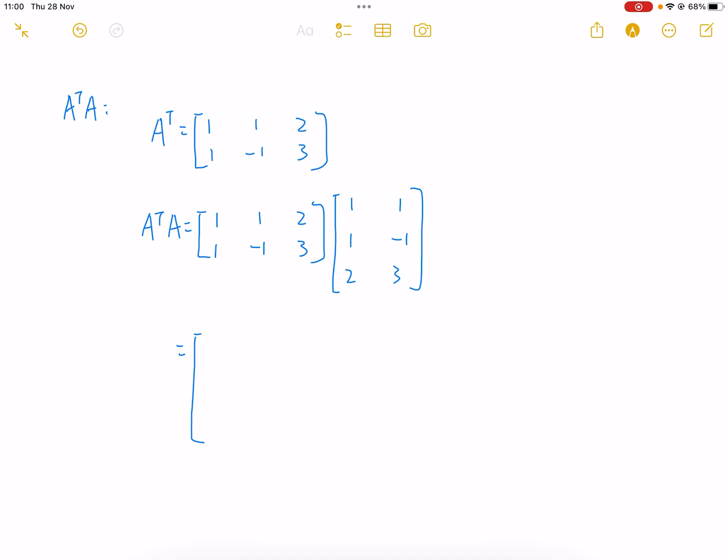Let's compute this. First row times the first column, 1 times 1 plus 1 times 1, plus 2 times 2. And then first row times second column, we have 1 times 1 plus 1 times negative 1, then plus 2 times 3.